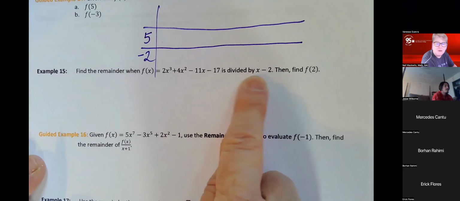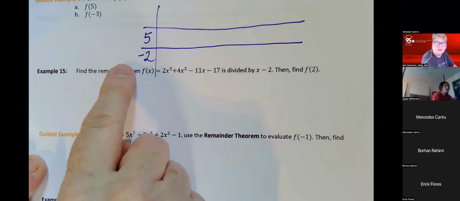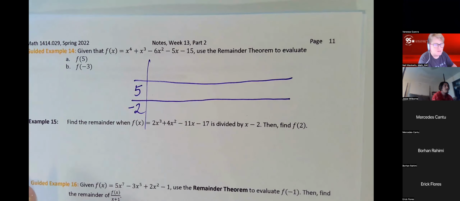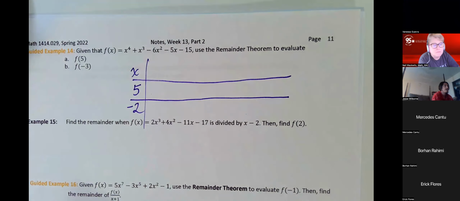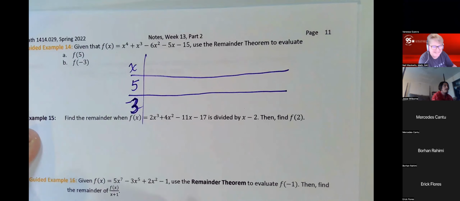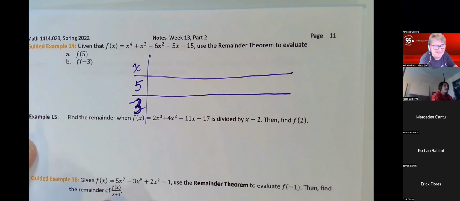So if I'm dividing by x minus 2, I would plug in +2. What numbers am I going to write across the top? Wait, but wasn't that a -3? Thank you. I need new glasses. No, I'm kidding. Okay, good. Thank you. Guillermo gets extra points today.